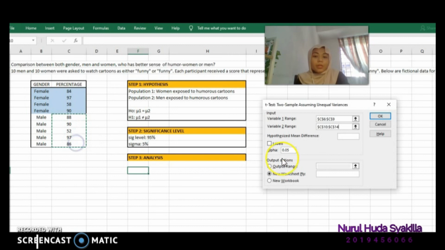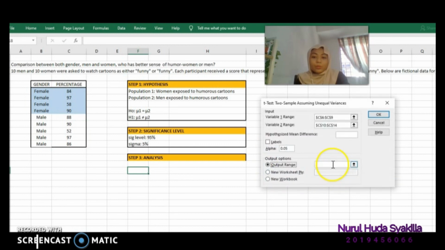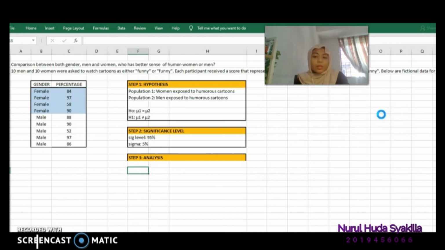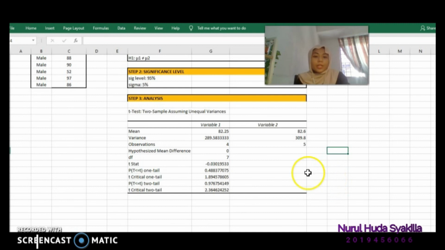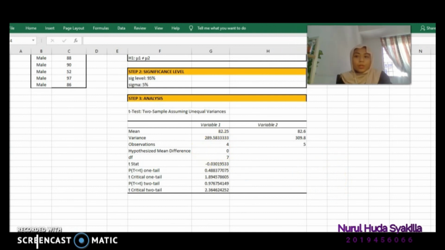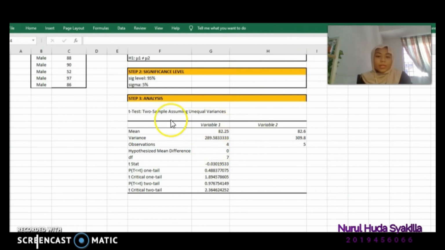We don't need to click on labels, so we're going to put the output range at this cell. And then we click OK. So here it is, the t-test two sample assuming unequal variances.